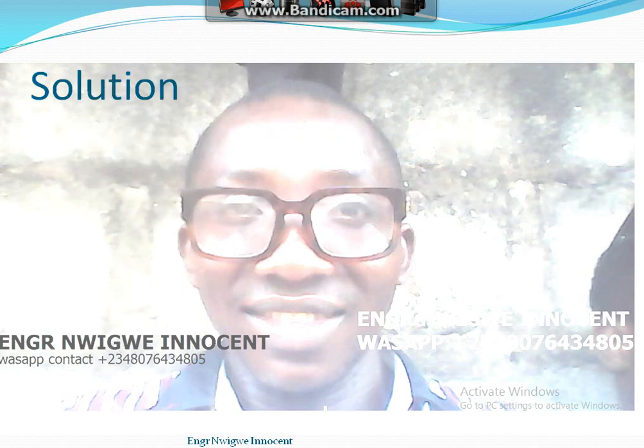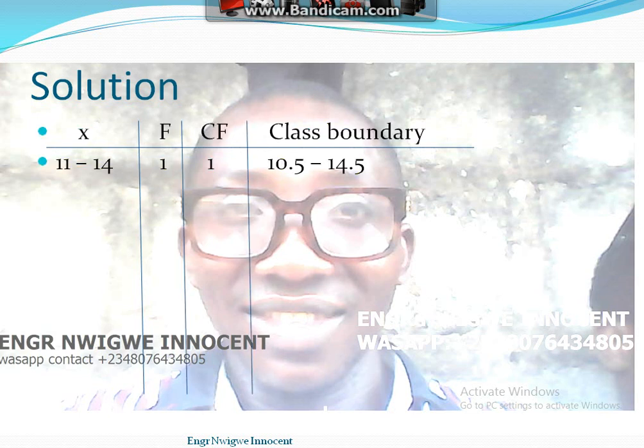We now draw a table showing X, that is the weight group. We have the frequency F, the cumulative frequency CF, and the class boundary.